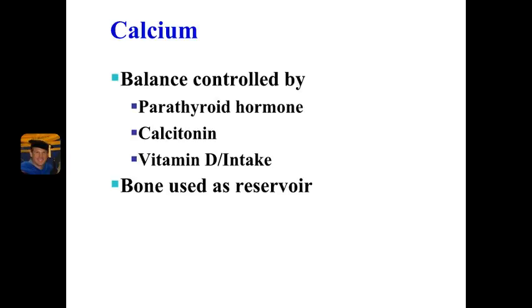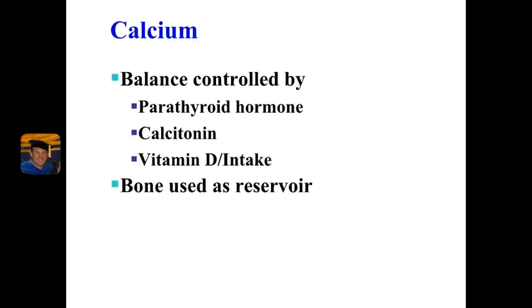So there's three reservoirs that they take or put the calcium. The first one is bone itself. Calcitonin says take this excess calcium in the blood and put it in the bone, whereas parathyroid will do the opposite. It'll say take it from the bone and put it into the blood.